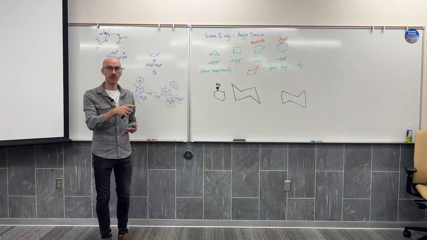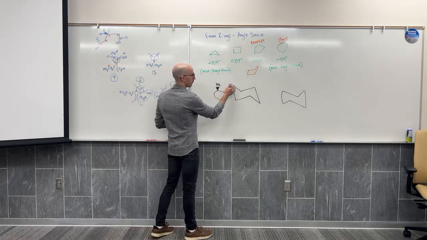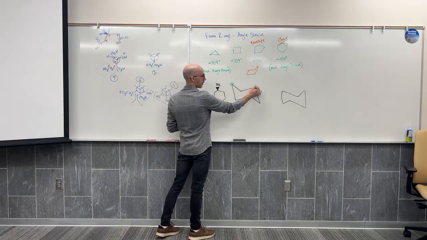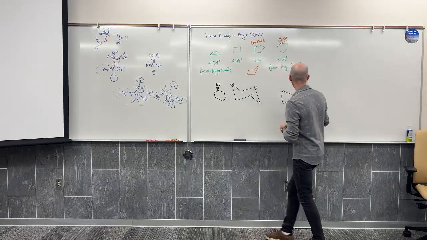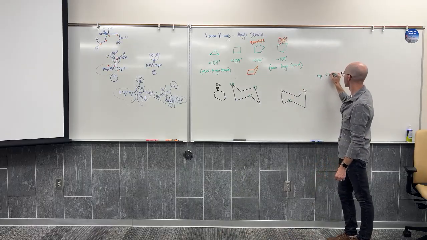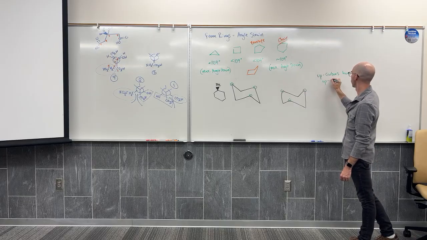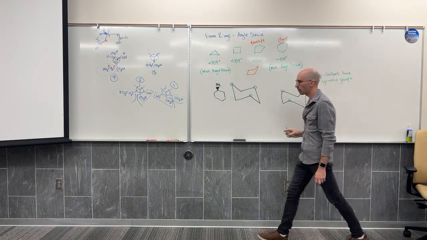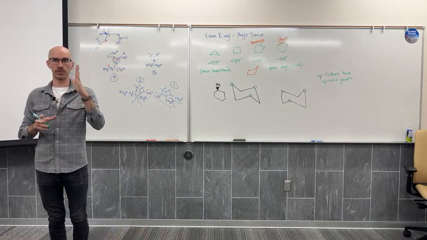Do you see the up carbons and the down carbons? Look at that carbon pointing up, pointing up, pointing up. Up carbons have what we call up axial groups.